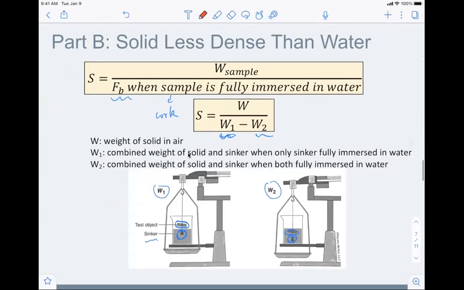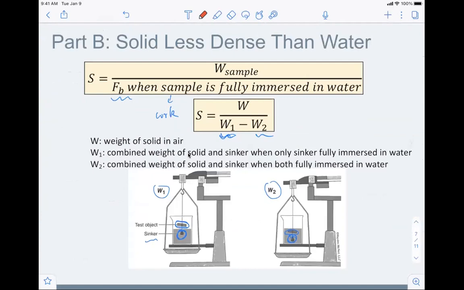Part B is something that's less dense than water, and they used a cork. You can see the funny thing about the cork is it's going to float in the water. It's not going to sink, right? So to make the cork fully immersed in water, we will have to add a heavier object as a sinker so that you can drag the cork down.